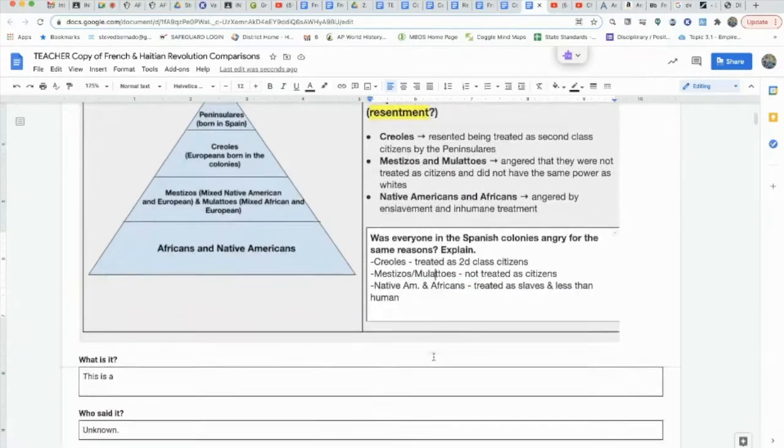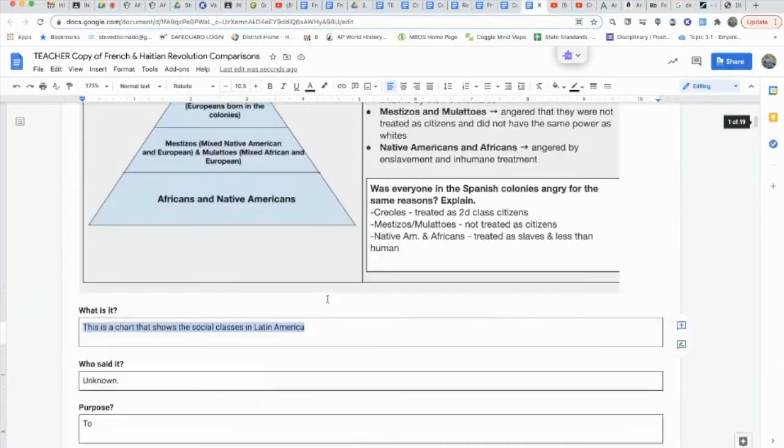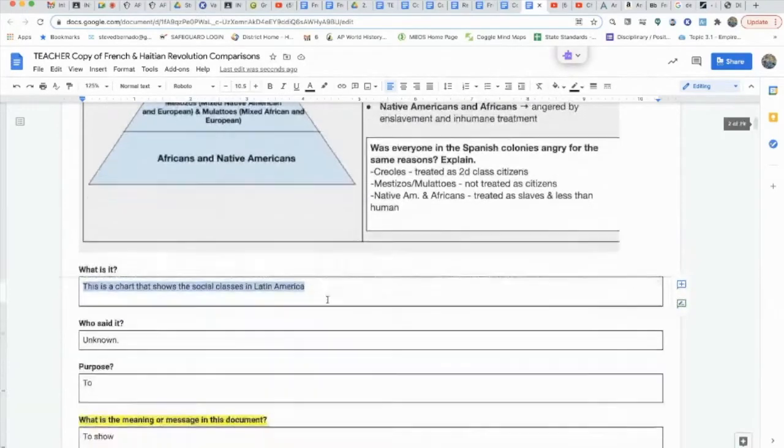Okay, so now let's move on here. What is this, right? What is it? This is a chart that shows the social classes in Latin America. There's our social classes.